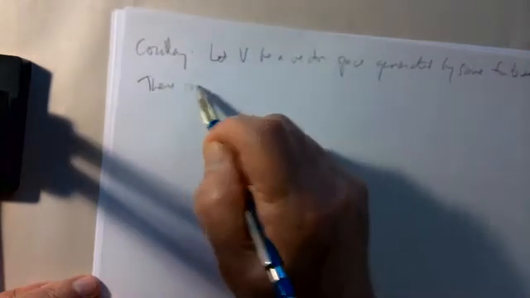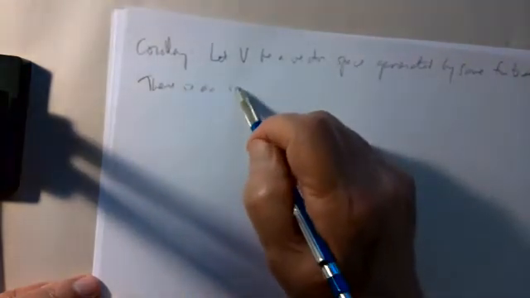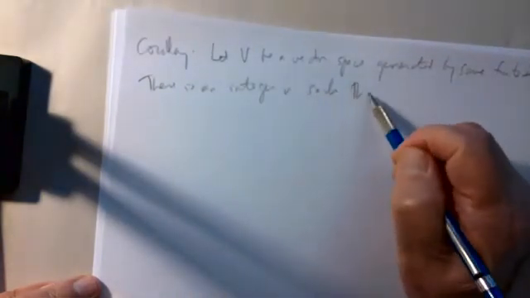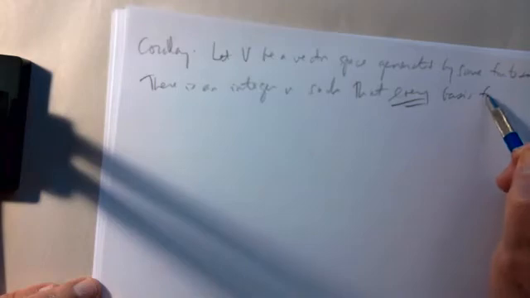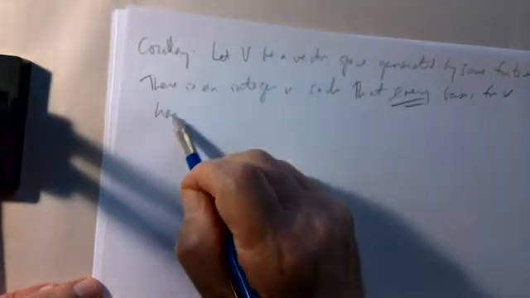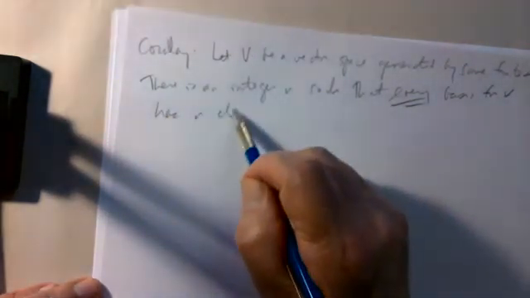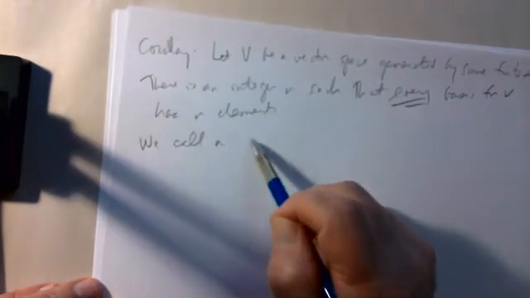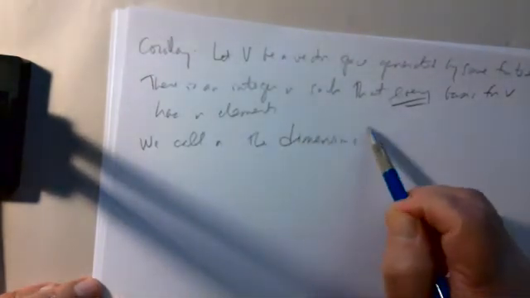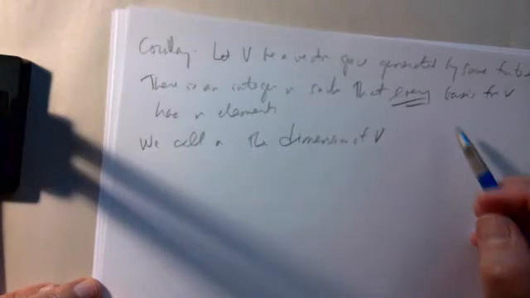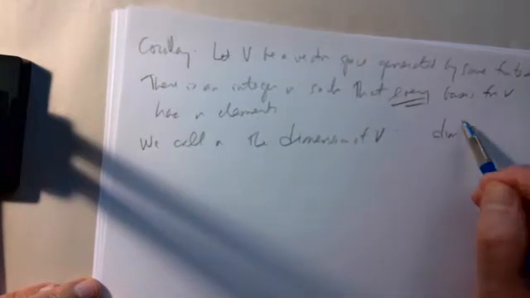There is a positive integer n such that every, this is the important thing, every basis for V has exactly n elements. And we call n the dimension of the vector space V. It's written dim for dimension.